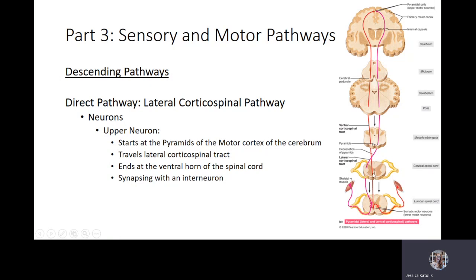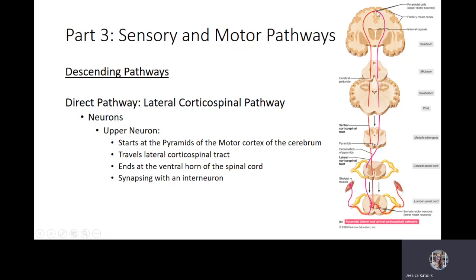As it goes down the spinal cord, eventually it will travel to the segment of the spinal cord where it will meet the lower motor neuron. And it will synapse indirectly with that lower motor neuron using an interneuron.